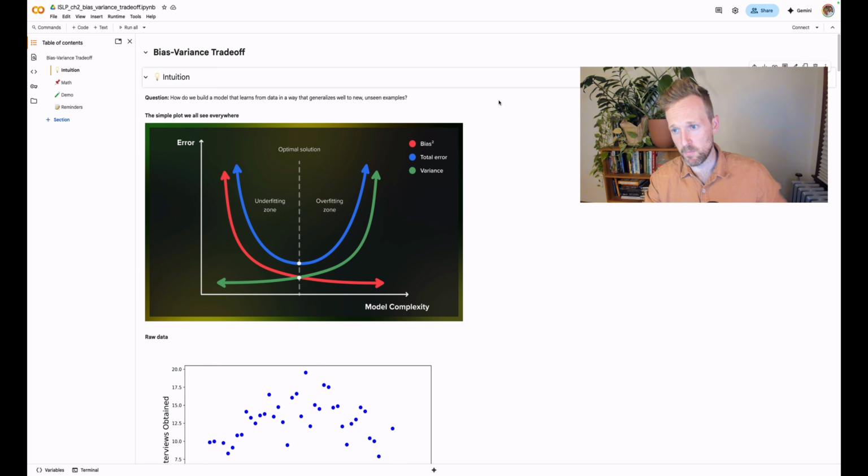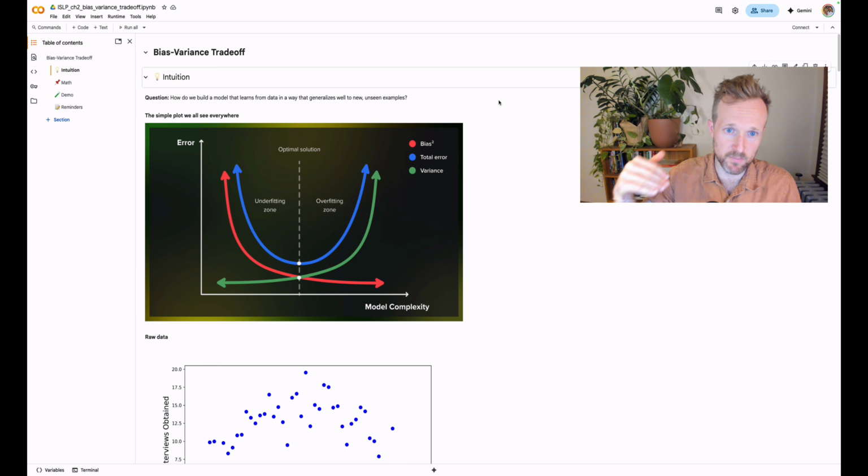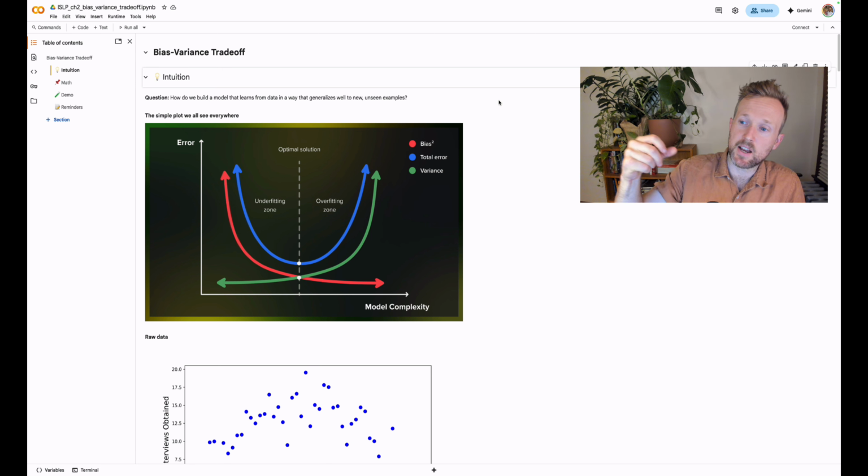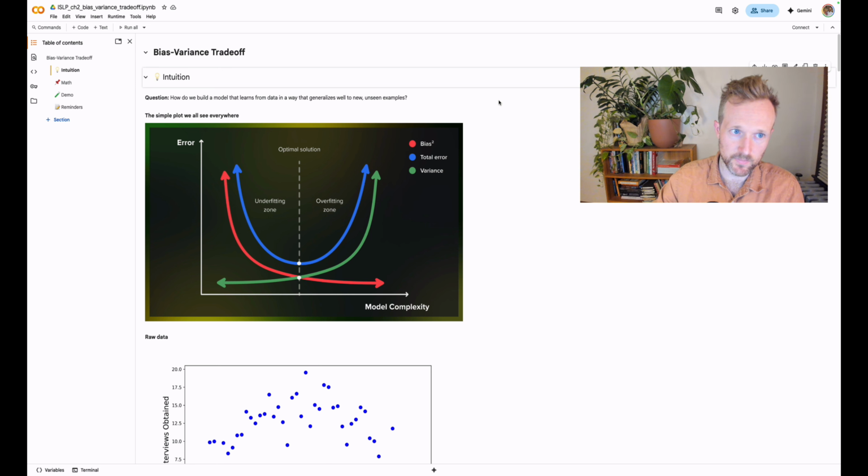What is the bias-variance trade-off, right? It's basically getting at this tension between complexity and simplicity, right? So how do we build a model that learns from data in a way that generalizes well to new unseen examples? So this is the basic plot that you see in textbooks and on the internet.